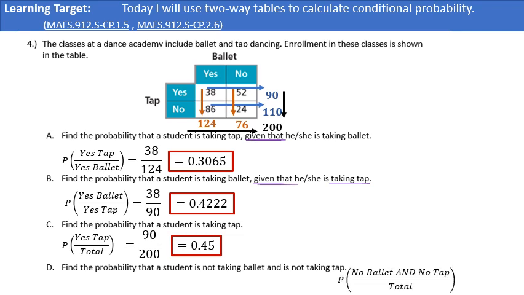We want the probability they say no to ballet and no to tap, okay, out of our total. Well, how many people said no to tap and no to ballet? That would be 24. So 24 out of 200. Grab your calculators. Beep, boop, boop, boop, beep, boop, boop, boop. 0.12. And that is it.